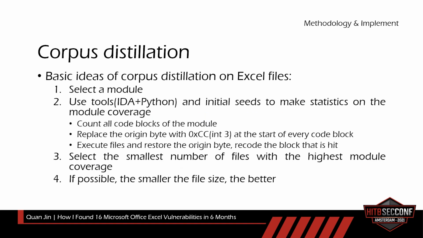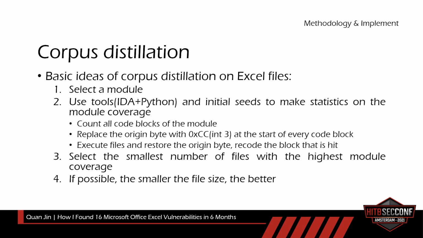However, the ideas of corpus distillation are similar between different tools. For the software you want to fuzz, first select a model, then use the tools with the initial seeds to make statistics on the model coverage.